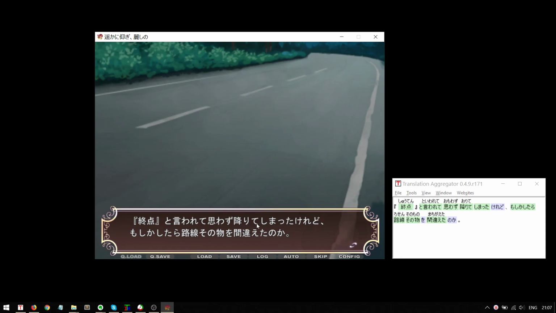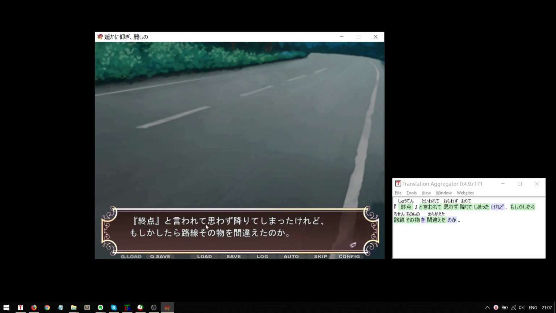So instead of 降りて, te form plus しまった. And 思わず means instinctively. So I instinctively got out, which was maybe a mistake, after being told by the driver it was the last stop.